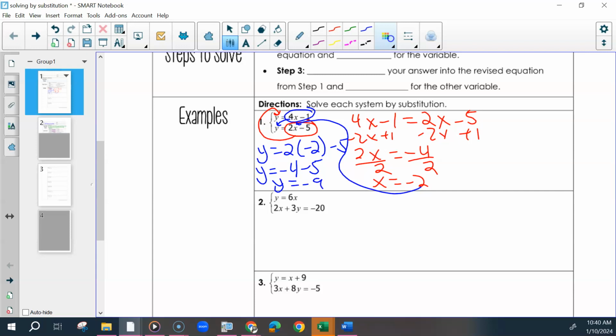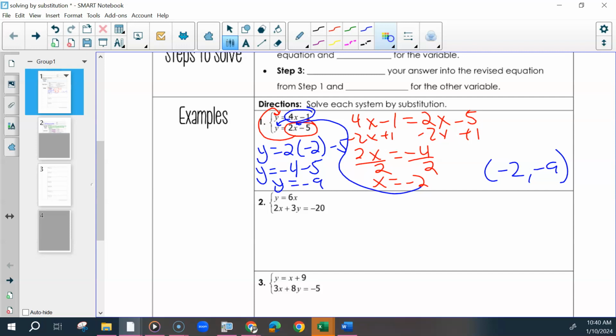And once you have found your y, you can put those together as an ordered pair, -2, -9. That means those two, if I were to graph them, that's where they would cross. So all of your check methods from before, putting the numbers back in to both equations, making sure they work, graphing the two on Desmos or on the calculator, those still work, but you still have to do the work algebraically.